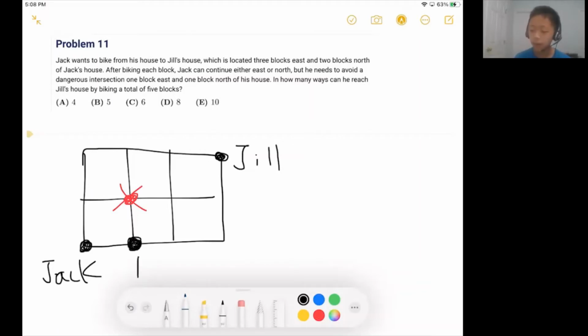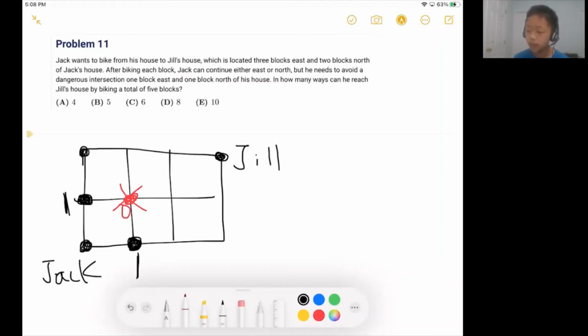Well, there's exactly 1 way, because Jack can only move right 1 step. So I'm going to write a 1 there. Similarly, there's only 1 way for Jack to get here, because Jack can only move up. To get to this red intersection, we can just ignore that. There are 0 ways to get to the bad intersection because we're not allowed to pass through that point.